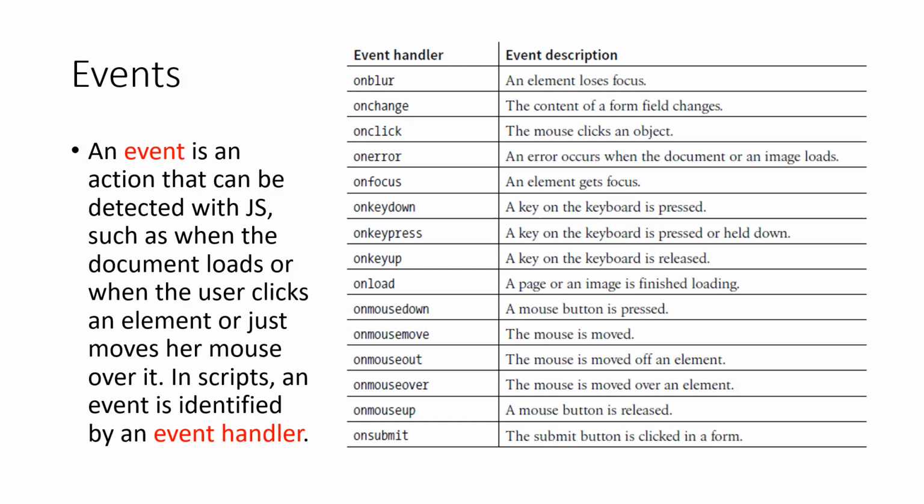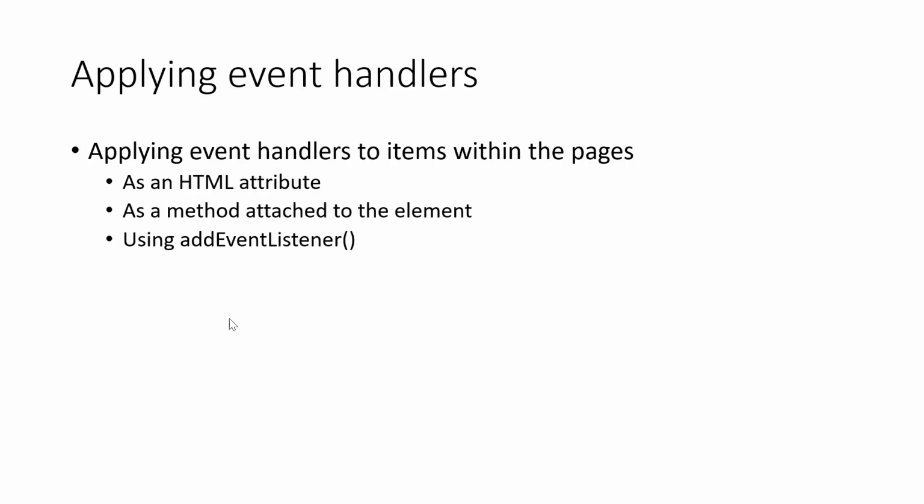Now, there are three common ways that we can apply these events. First, you can use it as an HTML attribute. What it means is you can specify the function you want to run as an attribute in the markup.